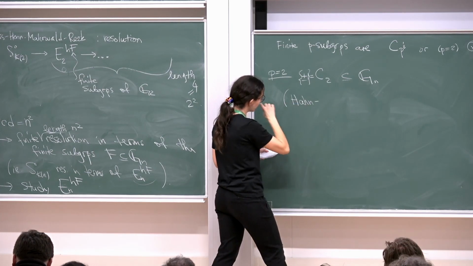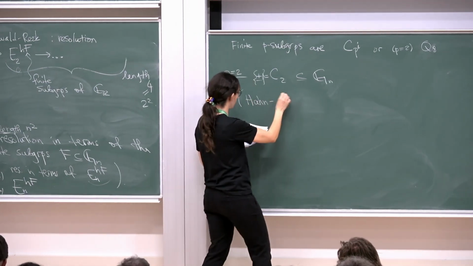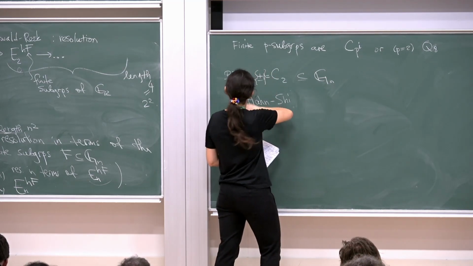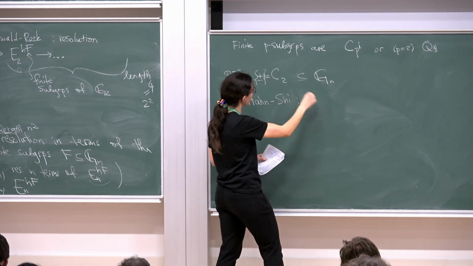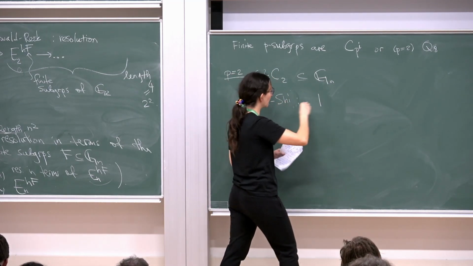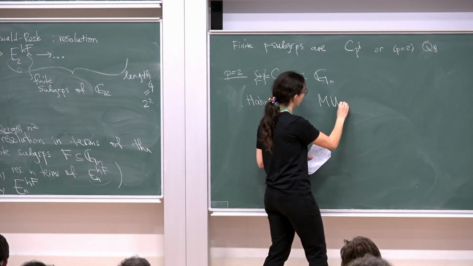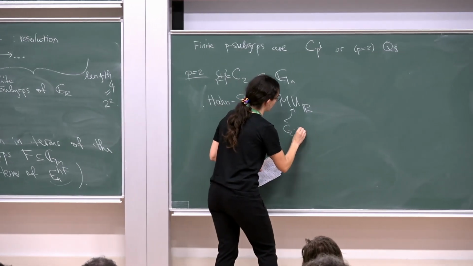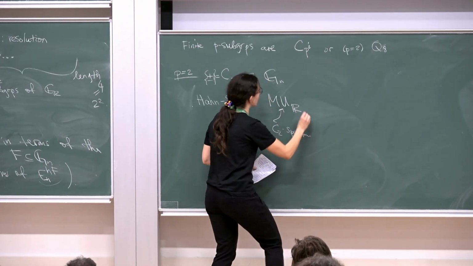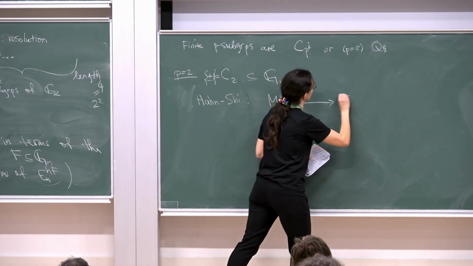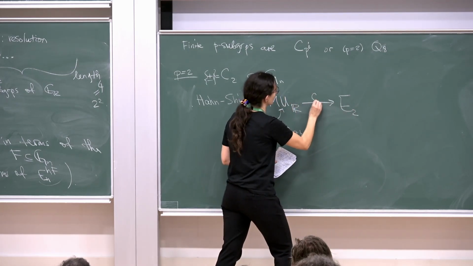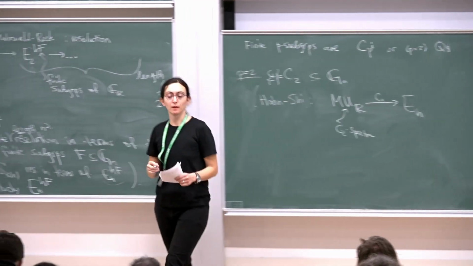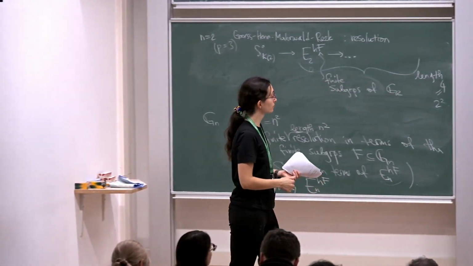The theorem of Jeremy Han and Danny Shi is that there's in fact an orientation from MUR, the C2-spectrum, a C2-equivariant orientation to E_n, for any n.